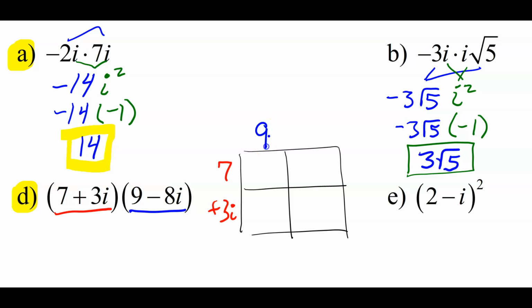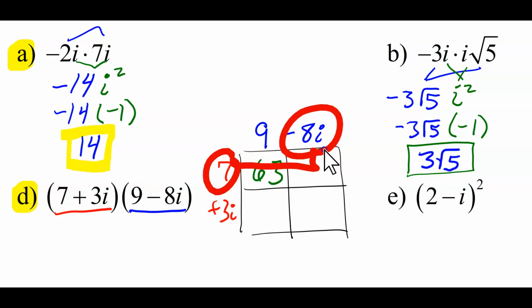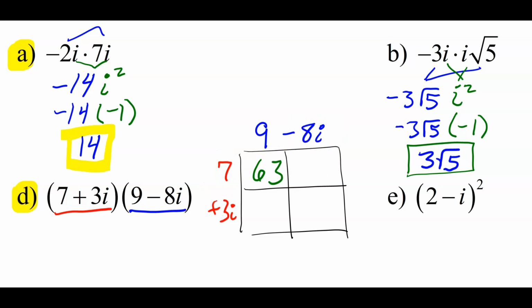Second number across the top. I then multiply into that. So 7 times 9, 63. 7 times -8i for my top right box, -56i.